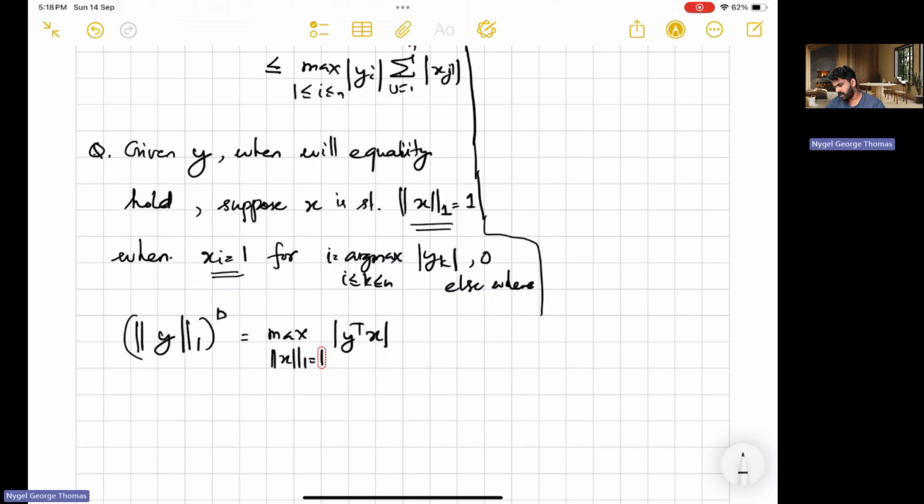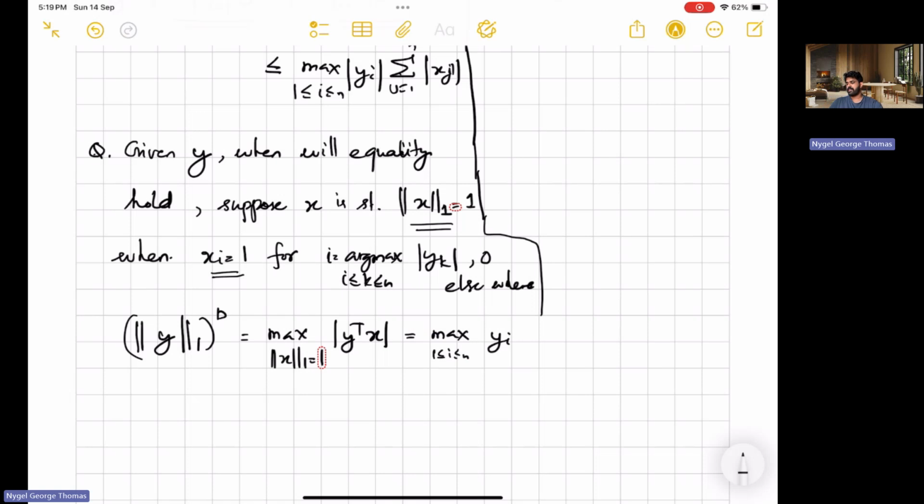But what is the value of y transpose x? This is the max. Am I correct?